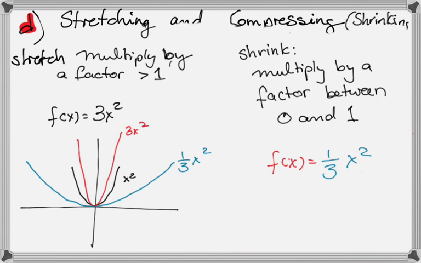Well, the names of the parent functions, they are in the book on page 257. And I call the first one, I didn't call it a square function, I call it a quadratic function.